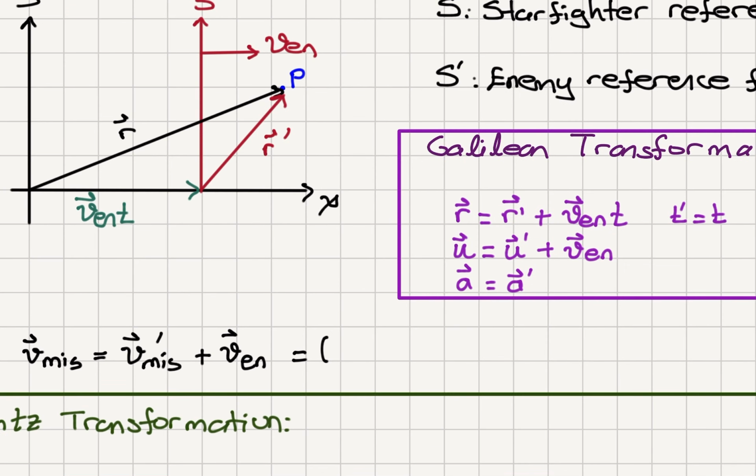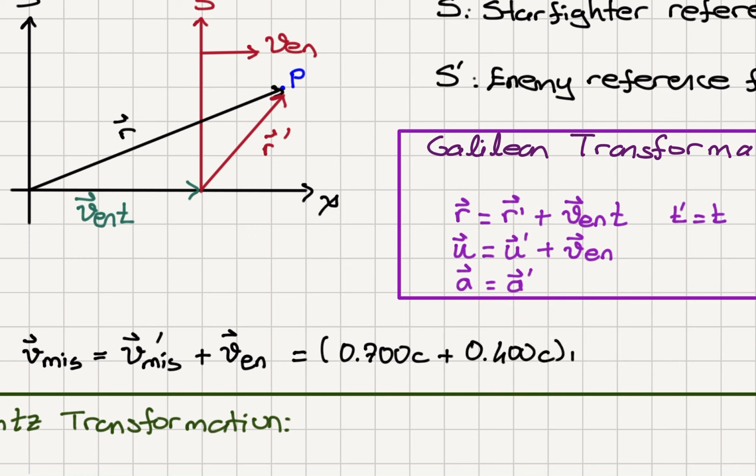0.7 c. So this would be 0.7 c, and the enemy moves towards the starfighter with a relative velocity 0.4 c i hat.